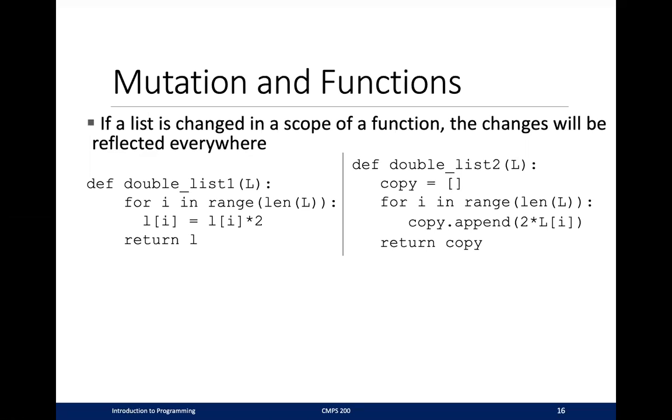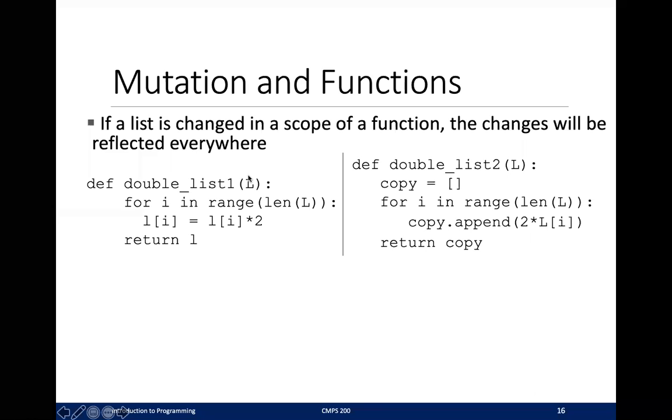I want to write a function that takes a list L of integers and doubles the elements inside of it. So I have the function here, it takes as input, as an argument or parameter, L, loops over the elements inside L, and multiplies them by 2. So basically it updates L[i] to L[i] times 2.